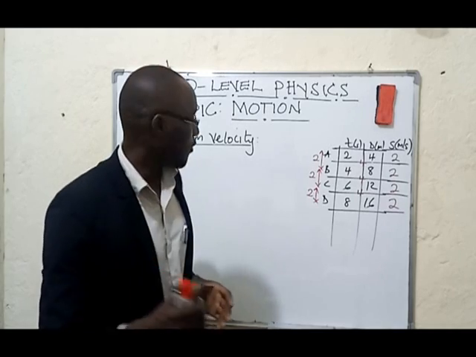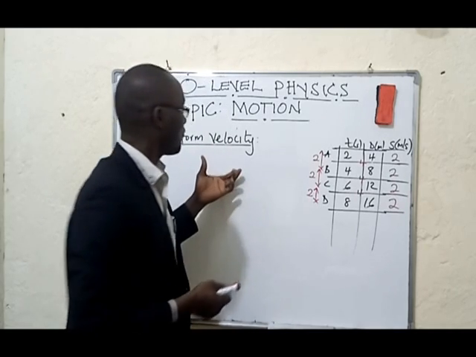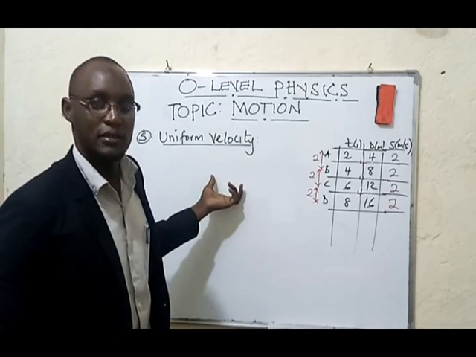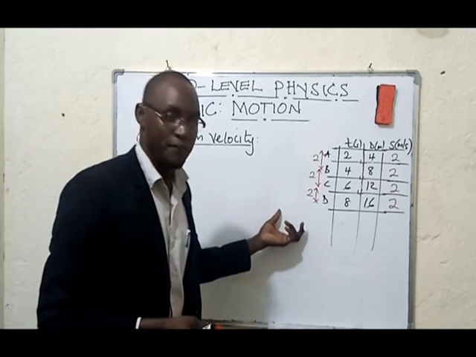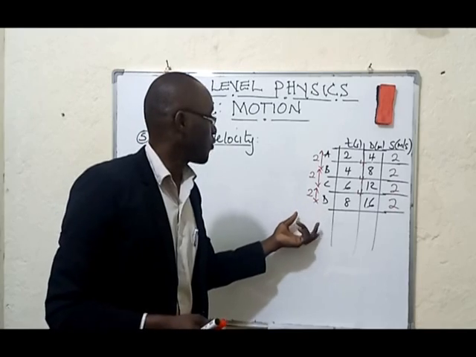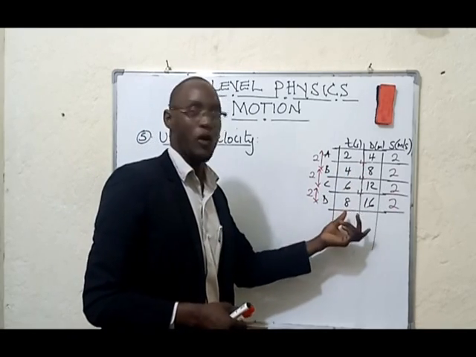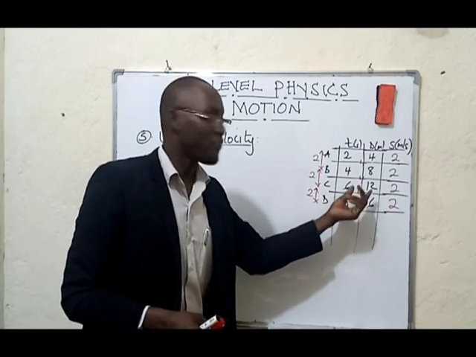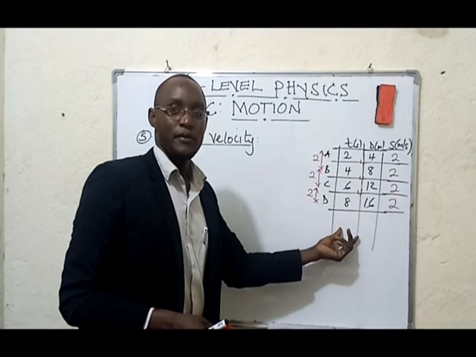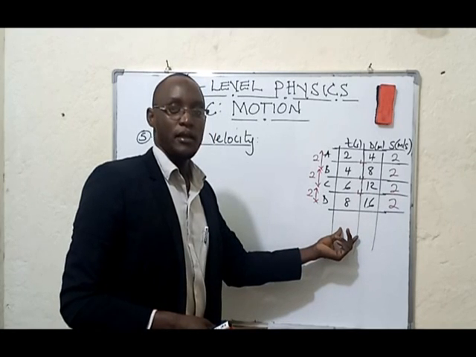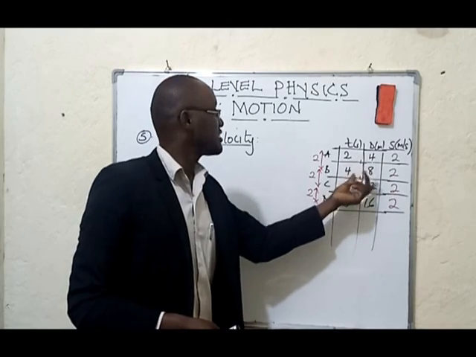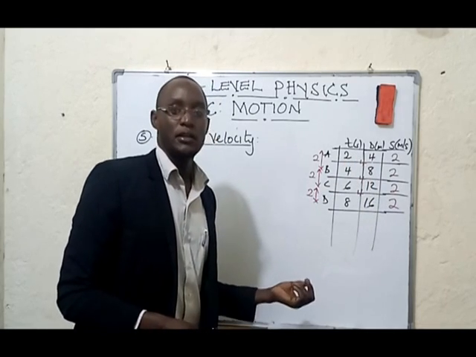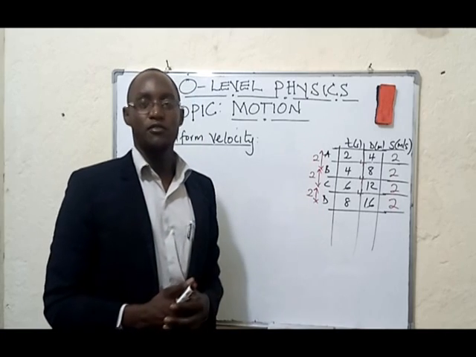So in other words, somebody can define uniform velocity as a situation when a body's velocity changes by equal magnitude in equal time intervals.